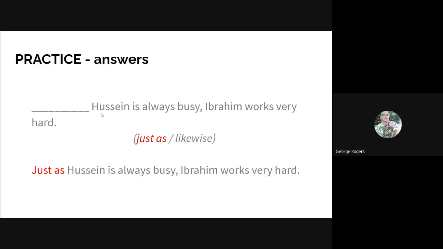We don't have a semicolon, so it's subordinate. All right. And likewise is, so we have just as. So here they're saying Ibrahim works very hard is the independent clause. Not that different in importance, but just as Hussein is always busy, Ibrahim works very hard.